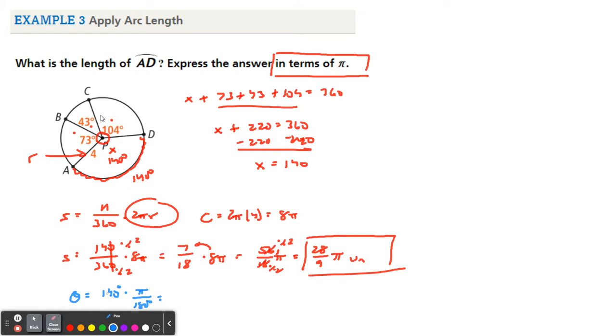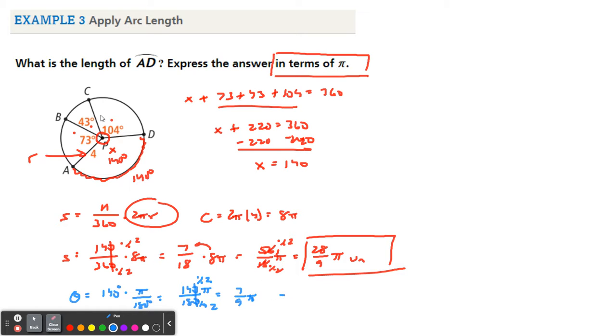This is how we'll convert. So the 140 goes on top, we'll put the pi there, the 180 goes on bottom, and let's simplify this, right? The zeros cross off, I can divide both by 2, so we get 7 over 9 pi. So that is that angle APD in radians, 7/9 pi, or 7 pi over 9, whatever you want to do.